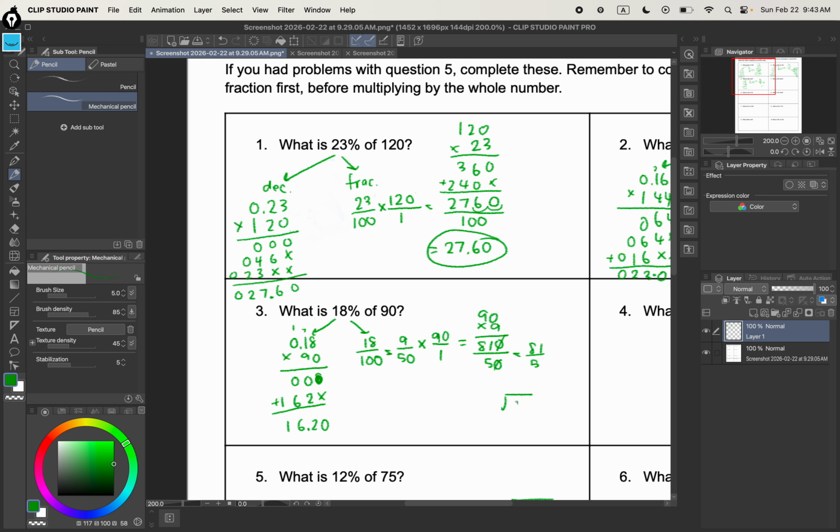Alright, 81 divided by 5 is decimal, decimal, because I have nothing left. Done.